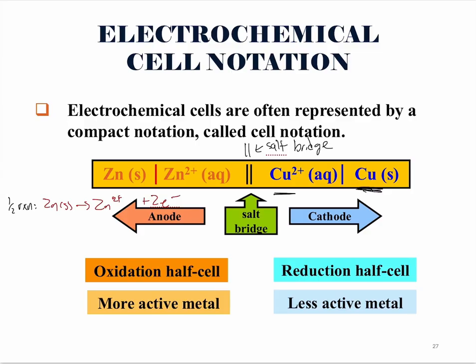What type of half reaction happens at the cathode? Redox. It's half of the redox reaction. The reduction reaction happens at the cathode, right? We have the reduction reaction, and so that is copper 2+, and then how do I write the reduction reaction?